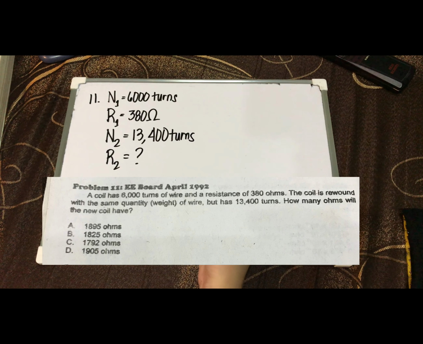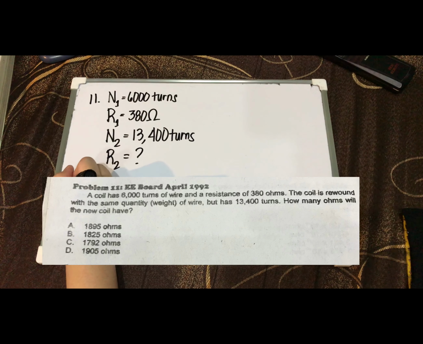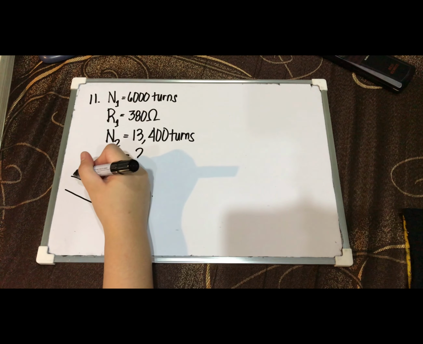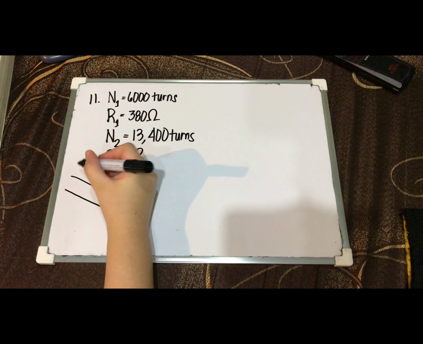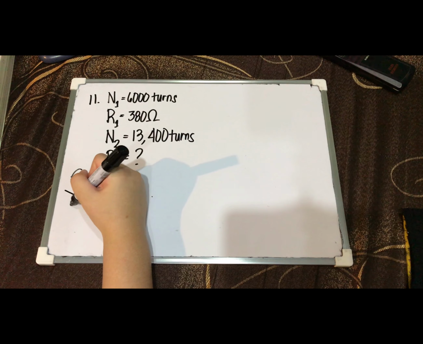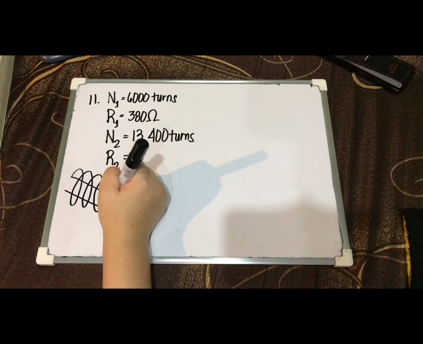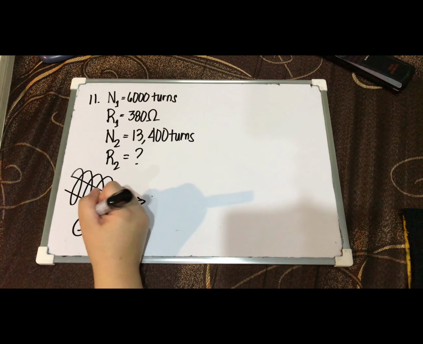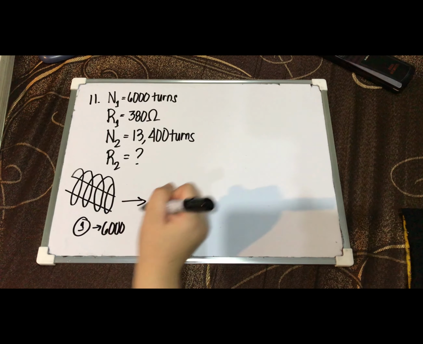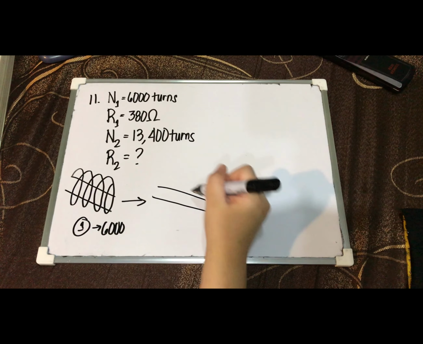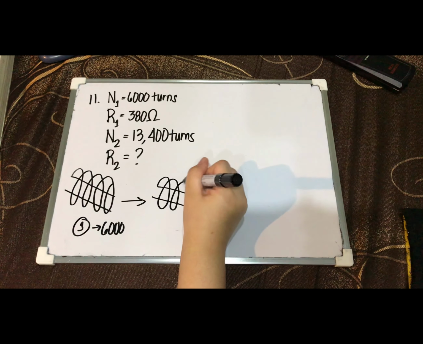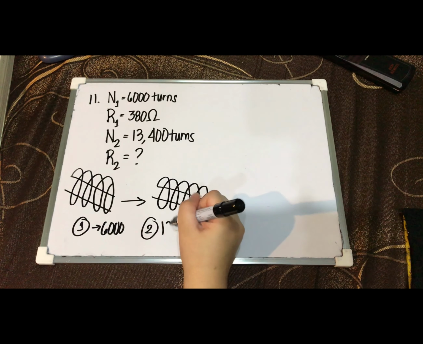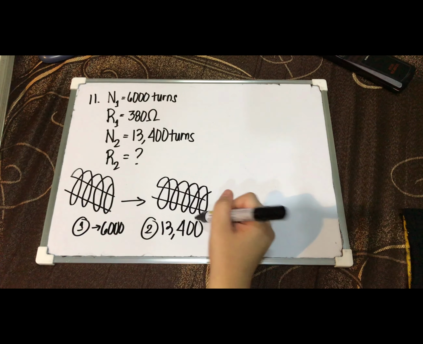I-drawing ulit natin yung problem. So, sa unang, ang turns niya ay 6,000 lang. Tapos, nung nirewound siya, naging 13,400. Ang sabi sa problem, it has the same weight.